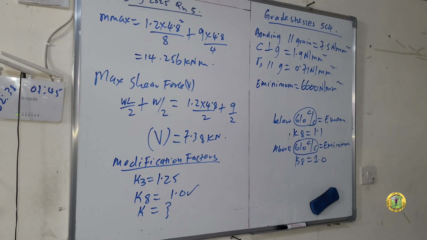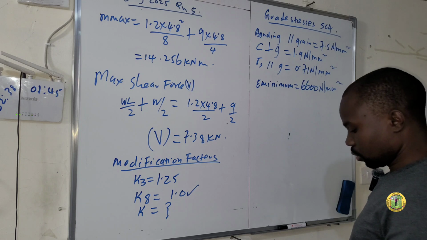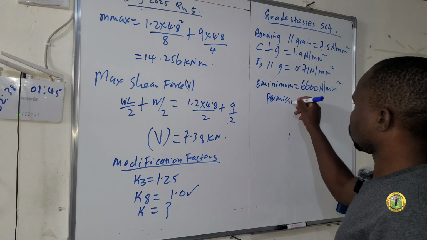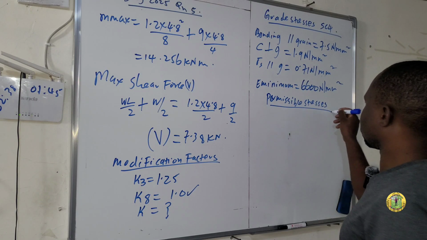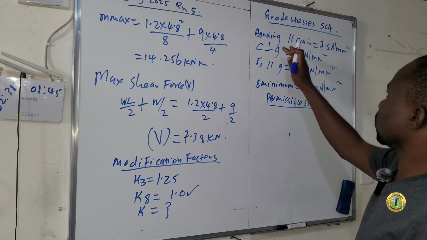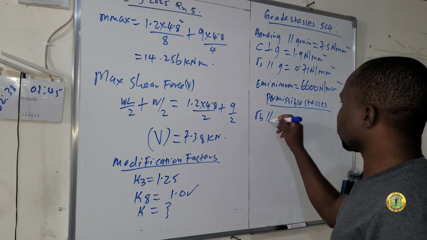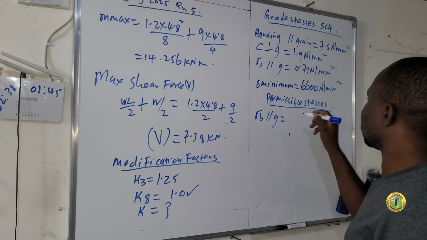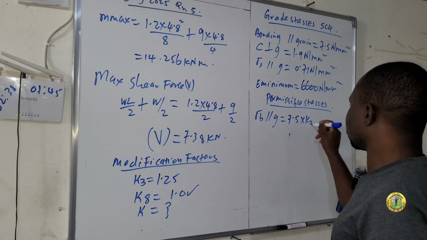So let's now proceed to permissible stresses. We will start with bending parallel to grain. The permissible stress will be 7.5 times K3.